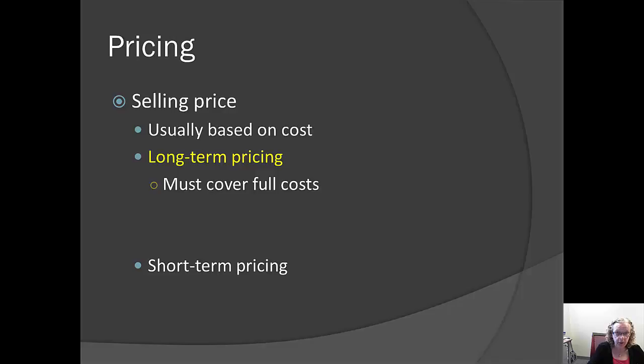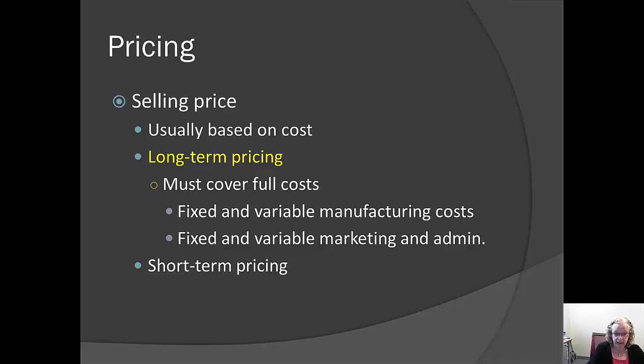In the long term, we already said we need to cover full costs. That means not just manufacturing costs, but also selling and administrative costs. However, in the short term, since our fixed costs are fixed, we only need to cover our variable costs.